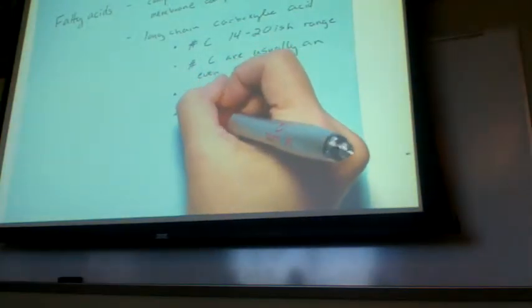The number of carbons are usually even. You may contain double bonds. And there's just the one carboxyl group on one end.